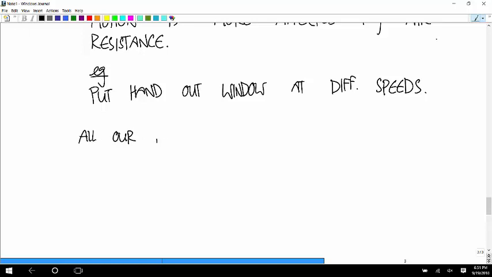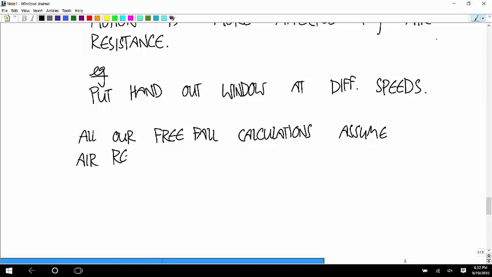So all our free fall calculations are going to assume air resistance basically isn't there, is negligible. So when is that assumption reasonable?